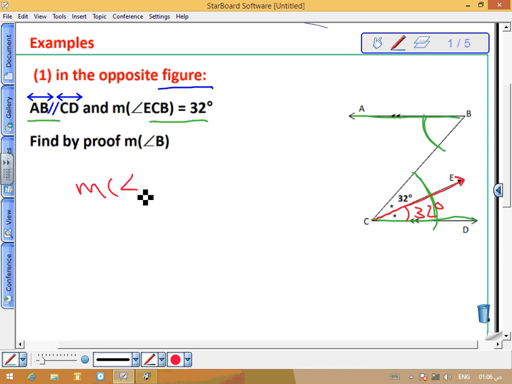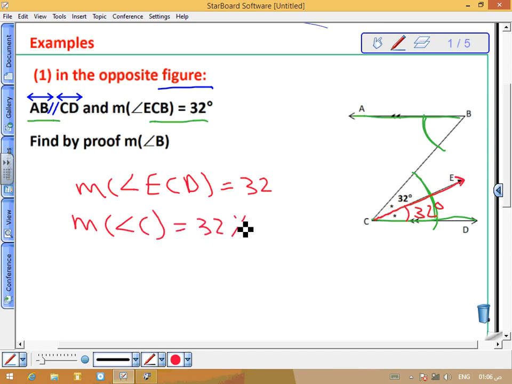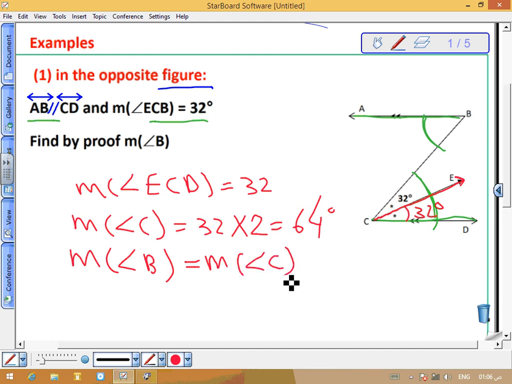Measure of angle ECD equals 32. Then measure of angle C equals 32 times 2 equals 64 degrees. Then measure of angle B equals measure of angle C equals 64 degrees.